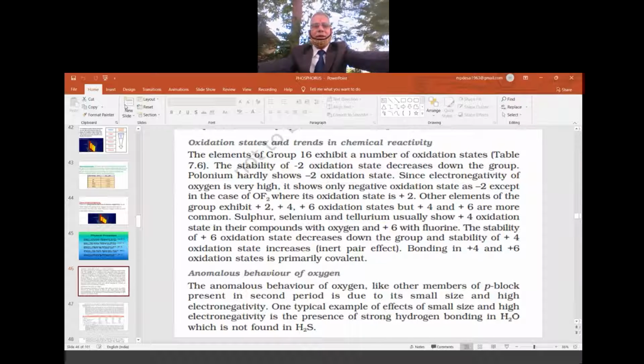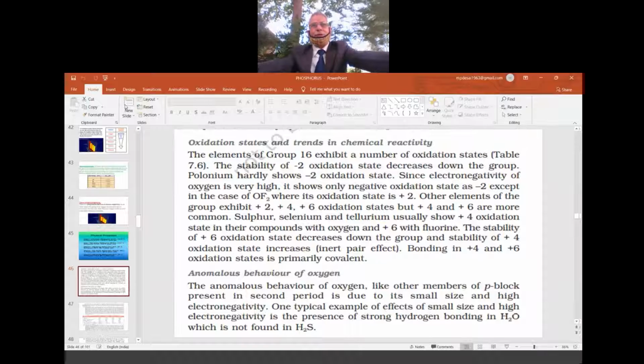When there are no d orbitals, it cannot expand its covalency beyond a certain limit, so beyond 4. Going for covalency equal to 6 is impossible for oxygen due to the non-availability of d orbitals. It is very difficult to promote to that level with a large amount of energy.